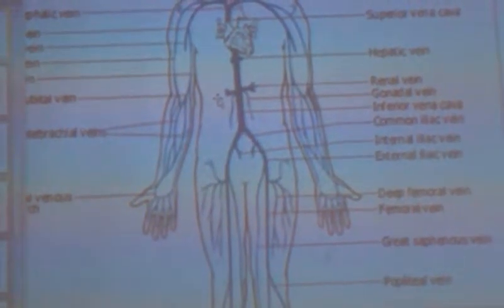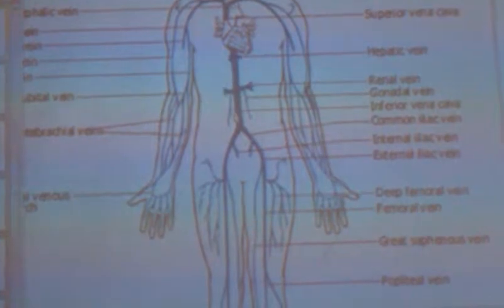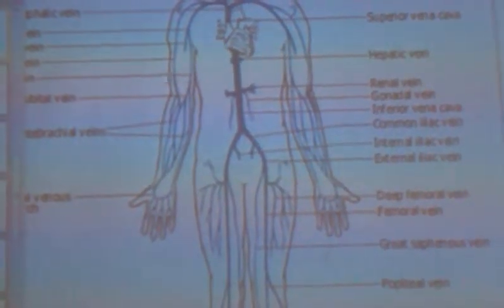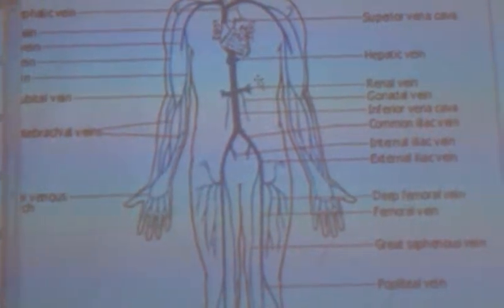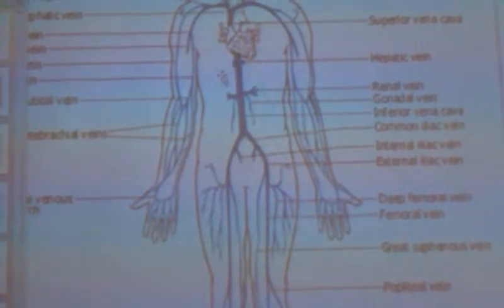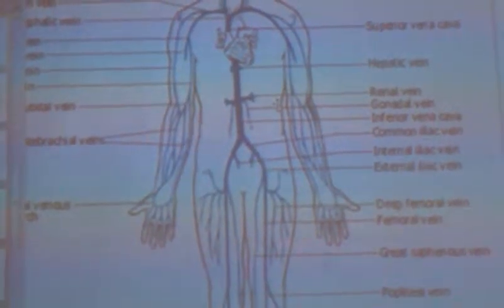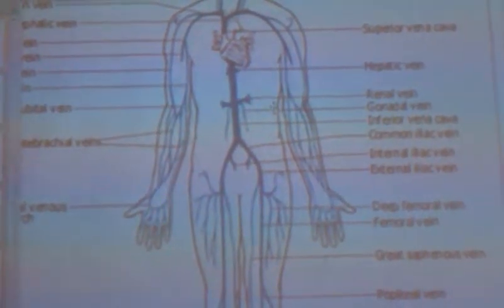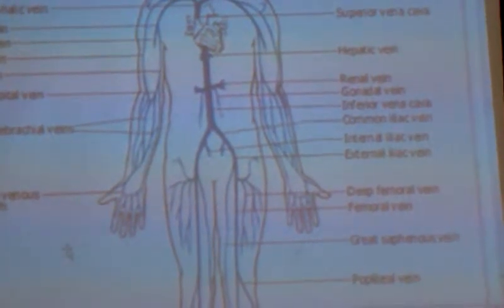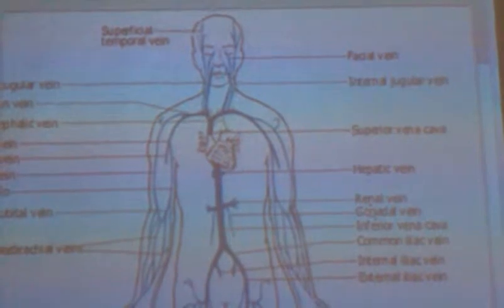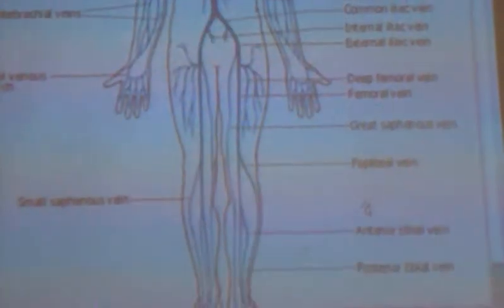That will actually drain into what we call the hepatic portal system. Our splenic vein and our gastric vein we don't see here, and the hepatic vein for the liver, again, we don't see those here, but we will see them with our hepatic portal system diagram. Okay. All right. So those are all of the veins you guys need to be able to identify.